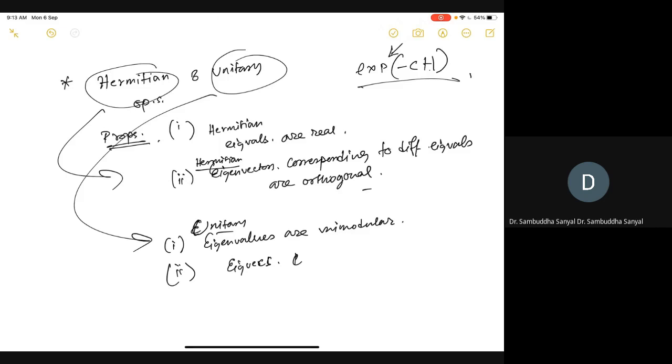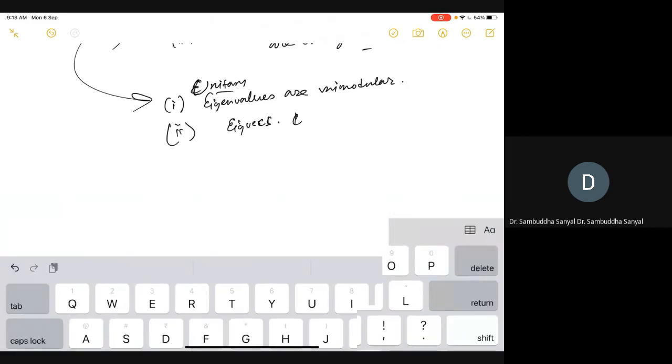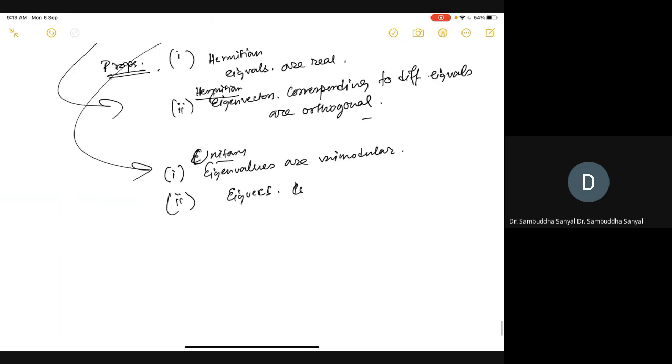Yes. Okay. So again eigenvectors have the property that when they correspond to different eigenvalues, they are orthogonal.